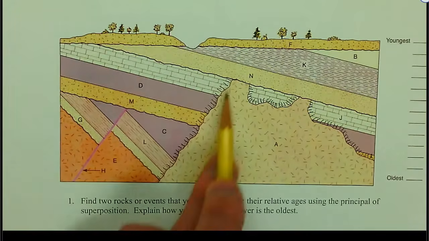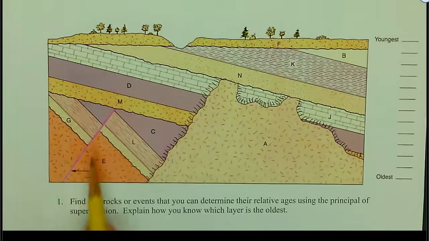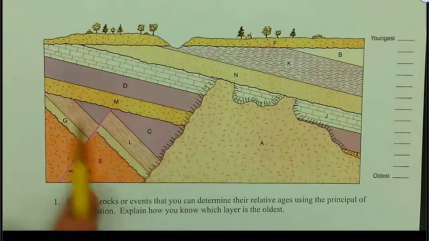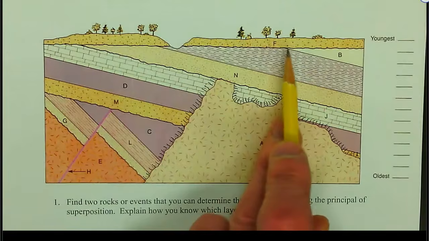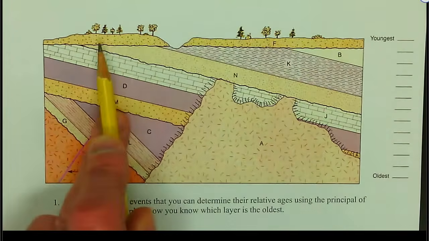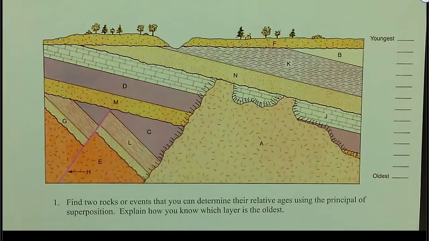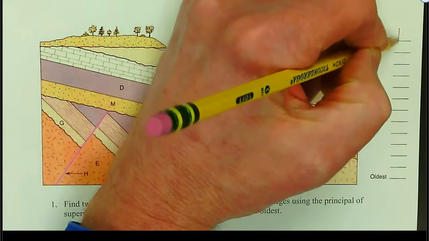There's an igneous intrusion A, and there's also a fault that's labeled H. Almost everything in this cross section has been tilted, some more than once, except for one young layer, and that's layer F at the top. Notice F has not been tilted, and F is also at the top. That's going to be our youngest layer.